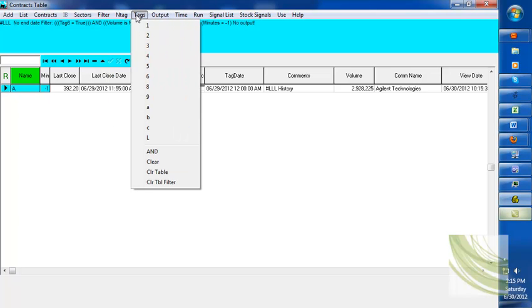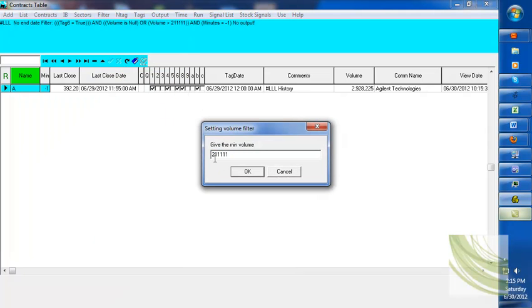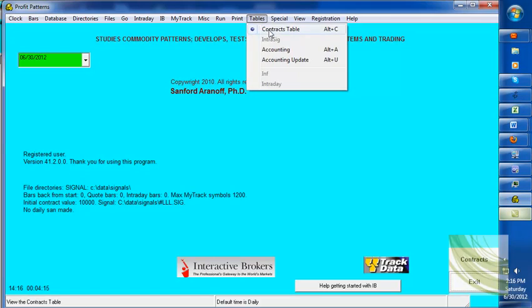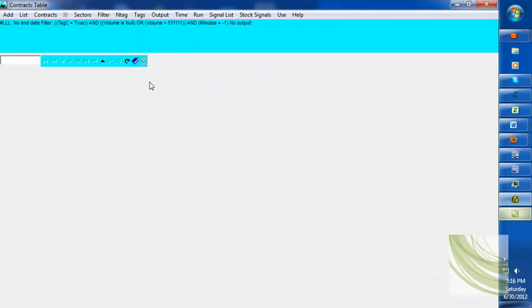Let's see, what else do we have? We're going to have it output to here, and we're going to have a filter. We'll say we want some reasonable volume, so we'll put this number here. Oh, I see. I did something wrong.